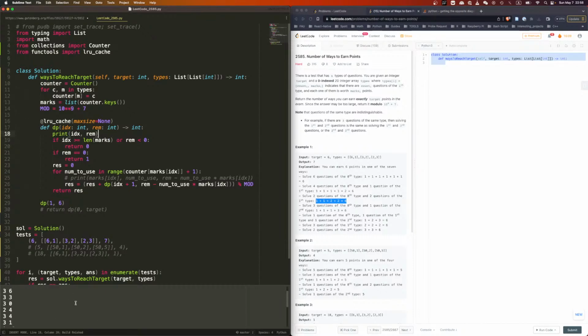We have 2, right? 2, 0, and 3, 0. We got 2, which means when we go to 1, 0, which we don't use any 1, right? Is there any like multiplication thing going on?